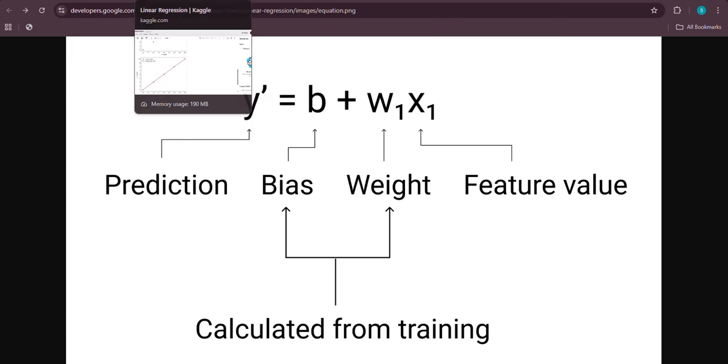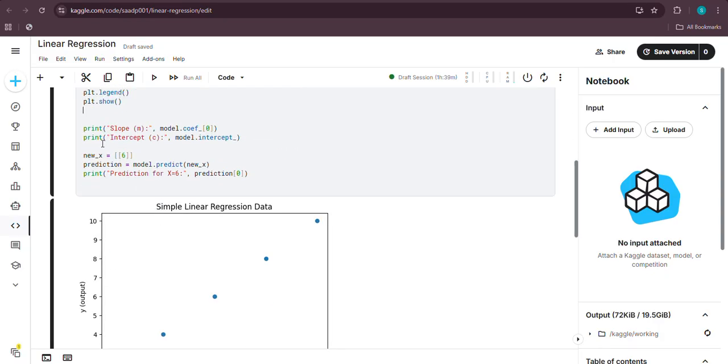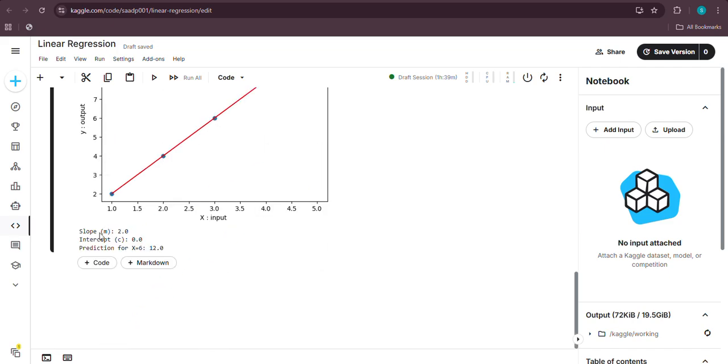Then after that, in code, I'm using that same concept y is equal to mx plus c, where m is your slope, or model coefficient, and c is your intercept. As I told you already, c is your intercept on the y-axis.